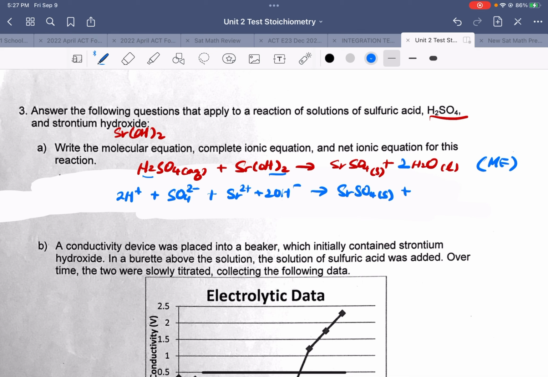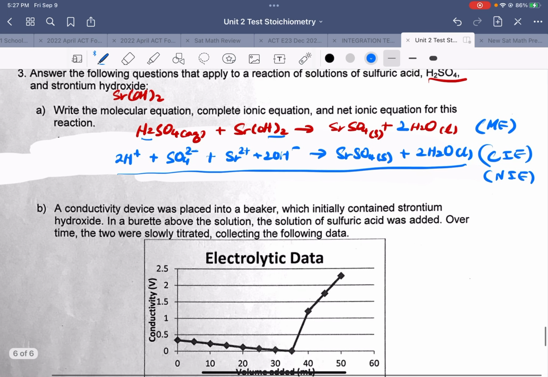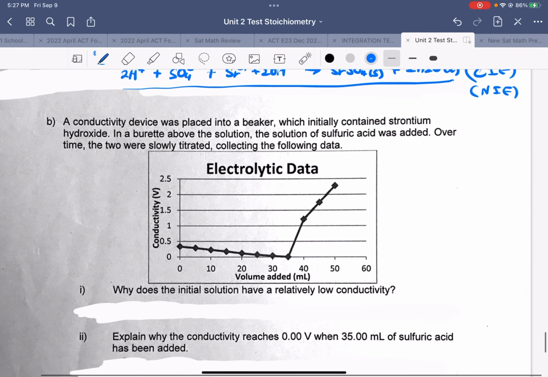And water is also liquid, so 2H2O liquid, like that. So that is the complete ionic equation, and there are no spectator ions. That means this is both the complete ionic equation and the net ionic equation at the same time. Both should be the same. Now let's move on.